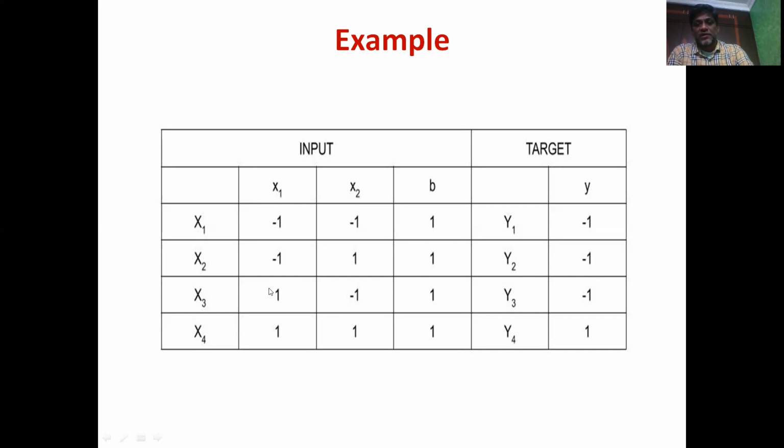And if the input given to the neuron is 1 and -1, the neuron's output should be -1. And finally, if the input given to the neuron is 1 and 1, the output value produced by the neuron should be 1. So the neuron should produce the corresponding output when these inputs are given. The bias is given as 1 over here. You can take any value between 0 and 1 as bias.